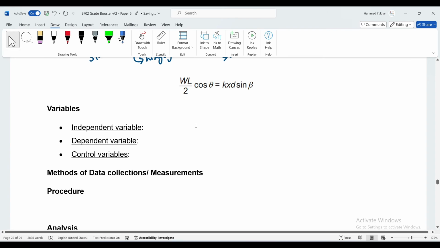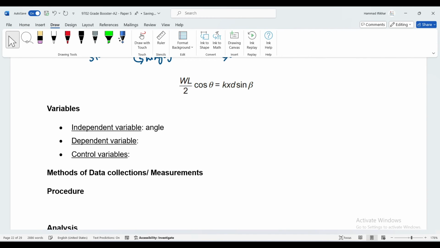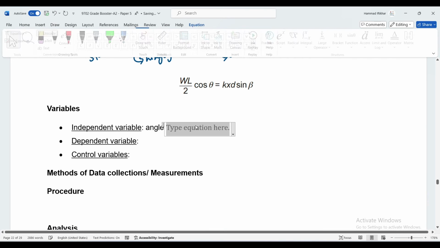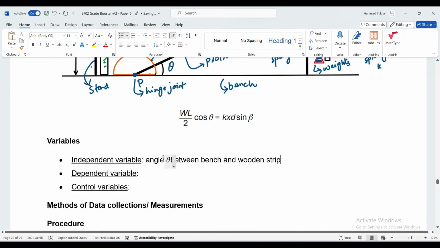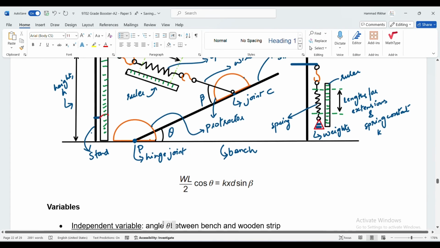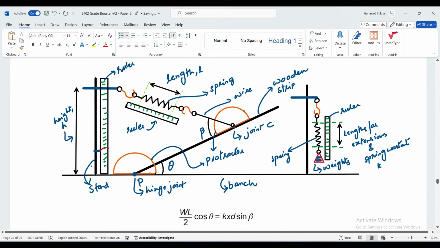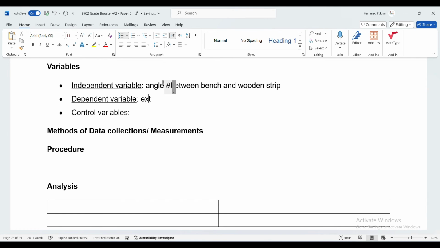Our independent variable is angle theta between the bench and wooden strip. The dependent variable is our extension x of the spring.